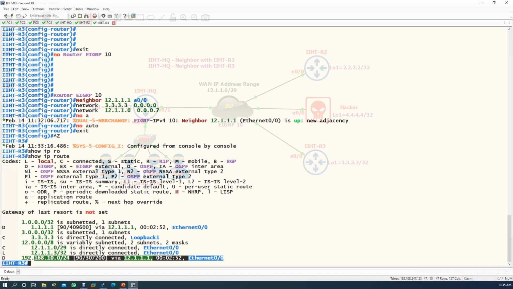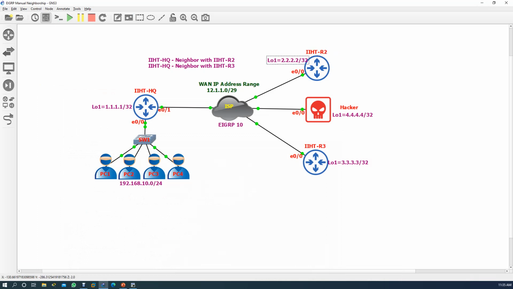Remember, in RIP also we have worked on this. So what is happening here? See, R2 is sharing its network to headquarter, and the headquarter router is receiving this network on E0/1. Similarly, R3 is sending its network on this E0/1 and headquarter is receiving it.